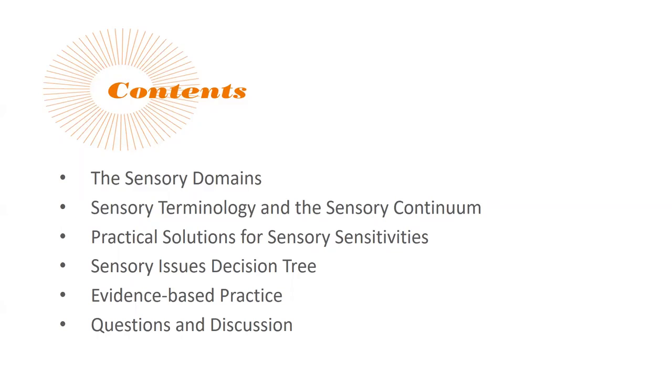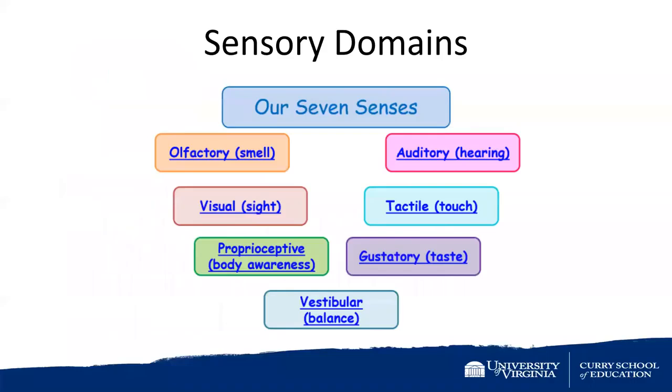She's also going to talk about a decision tree you can use to figure out if sensory needs that you may come across are those which require or would benefit from intervention or additional supports. Then at the end, I'm going to talk about what we mean by evidence-based practices and things to think about when you're considering different sensory treatments or therapies for yourselves or your child. And as Tammy mentioned, we're happy to take questions and discussions at the end.